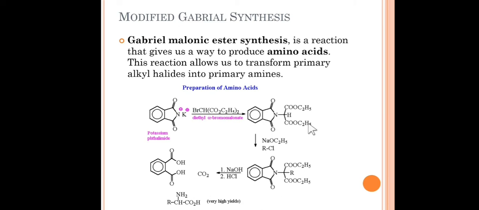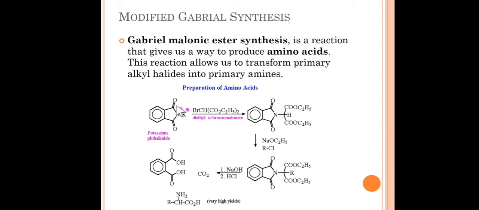So let's see another synthesis, that is the modified Gabriel synthesis, but very famously known as Gabriel malonic ester synthesis. It is another reaction to produce amino acids. So friends, what is Gabriel synthesis? The very common or traditional Gabriel synthesis is treatment of potassium phthalimide with alkyl halides to get amines. Generally we get primary amines with the help of Gabriel synthesis.